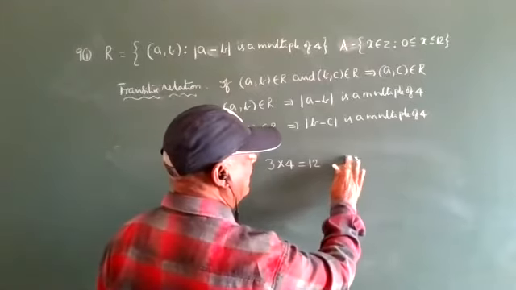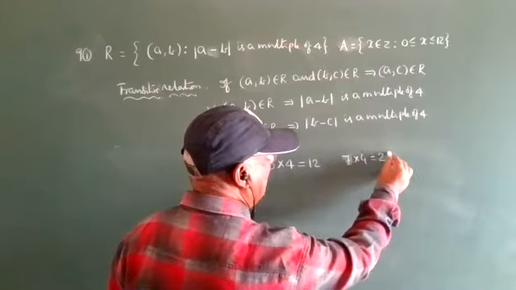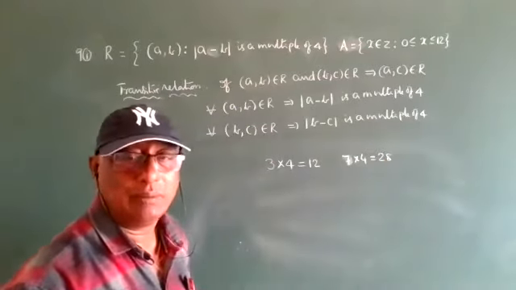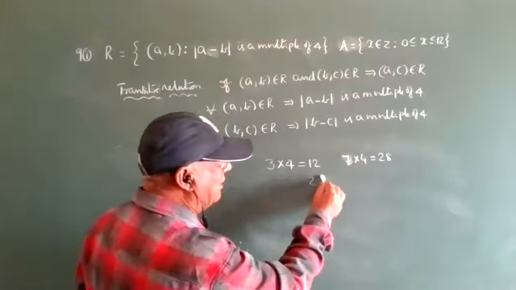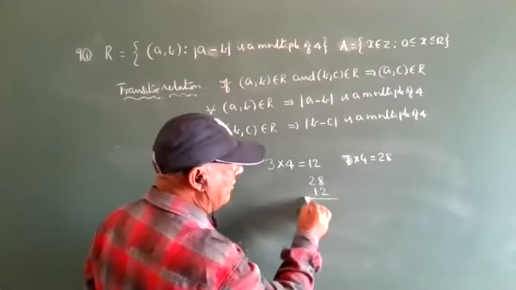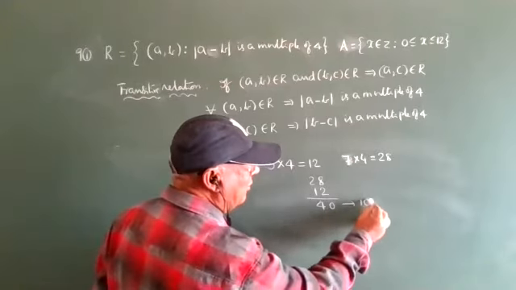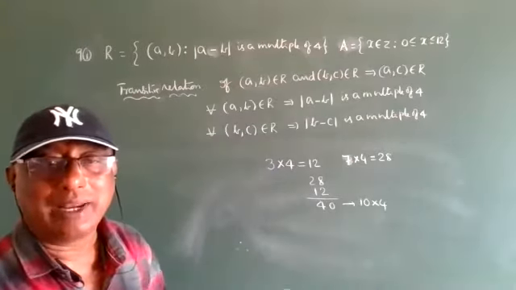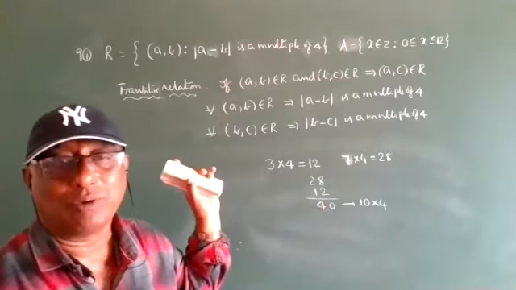And 7 into 4 is 28, also a multiple of 4. By adding these two, 28 plus 12, what is the value? It is 40, also a multiple of 4. By adding these two, we get a multiple of 4 only.